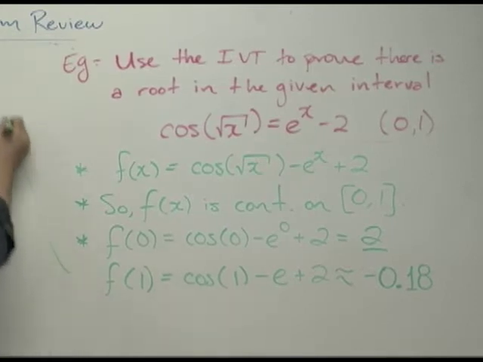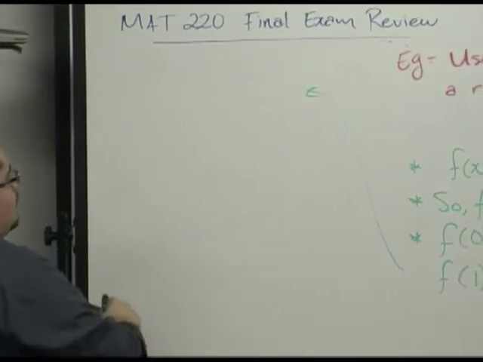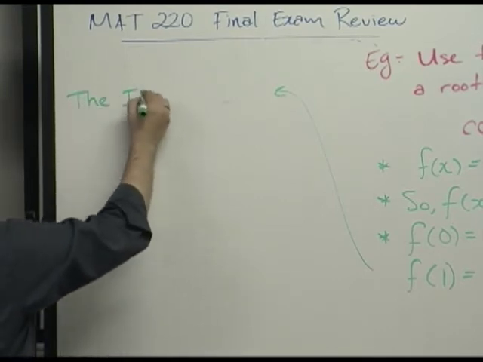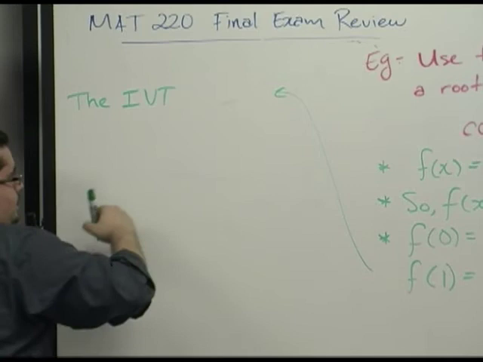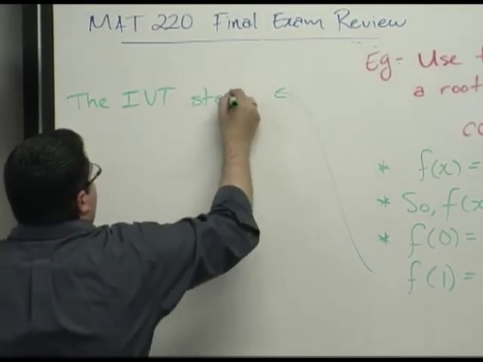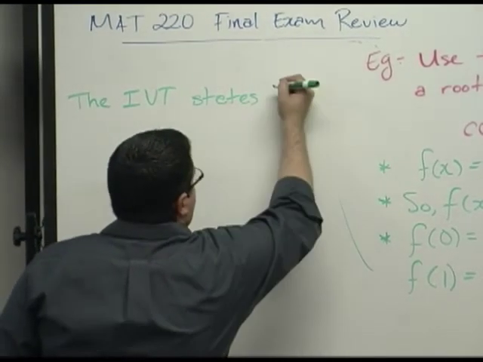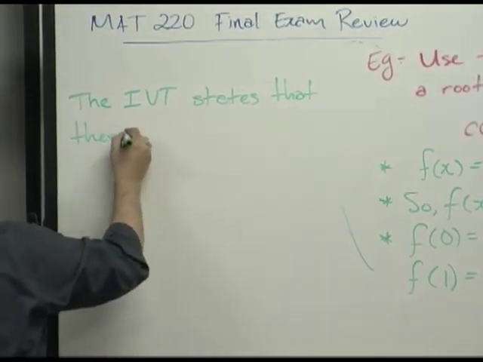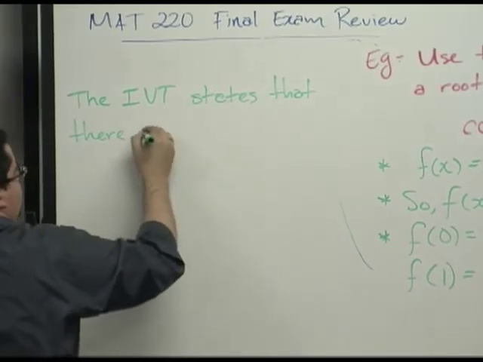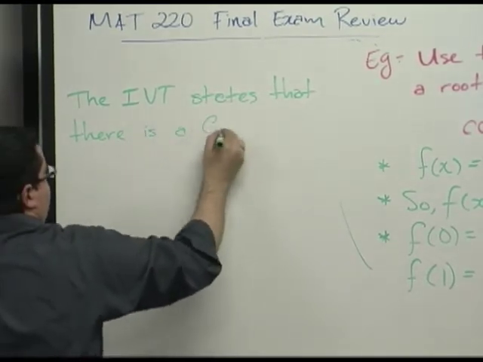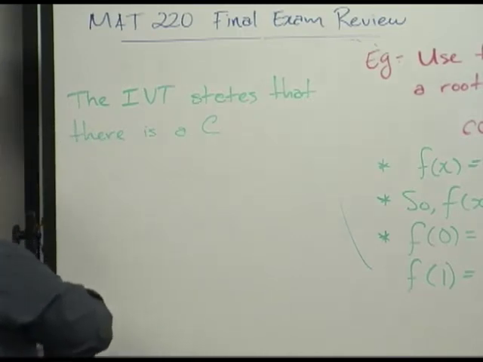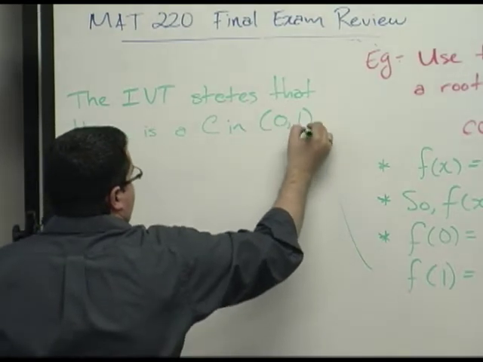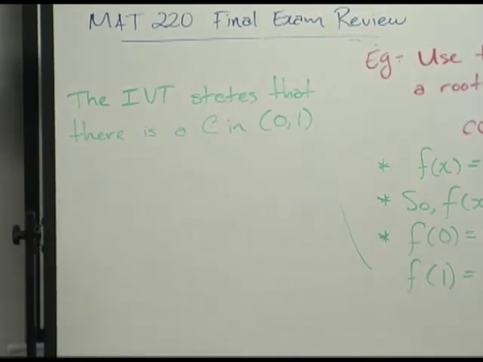Okay, so in this case, since f is continuous, the intermediate value theorem states that there is some c in the interval from 0 to 1, open interval from 0 to 1, okay?